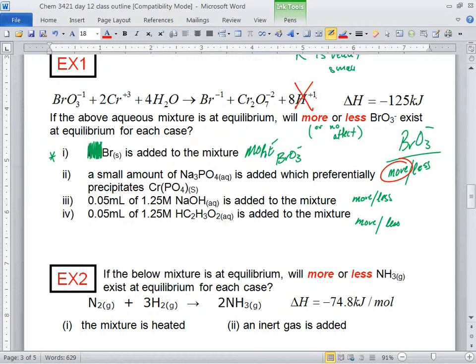If we want to get that equilibrium constant number, we have no idea what it is, but you have to get that K number. Well, now the hydrogen ion is too small. We need more of it. It's going to shift towards the right. It needs more product. So that means we're going to have less bromate.